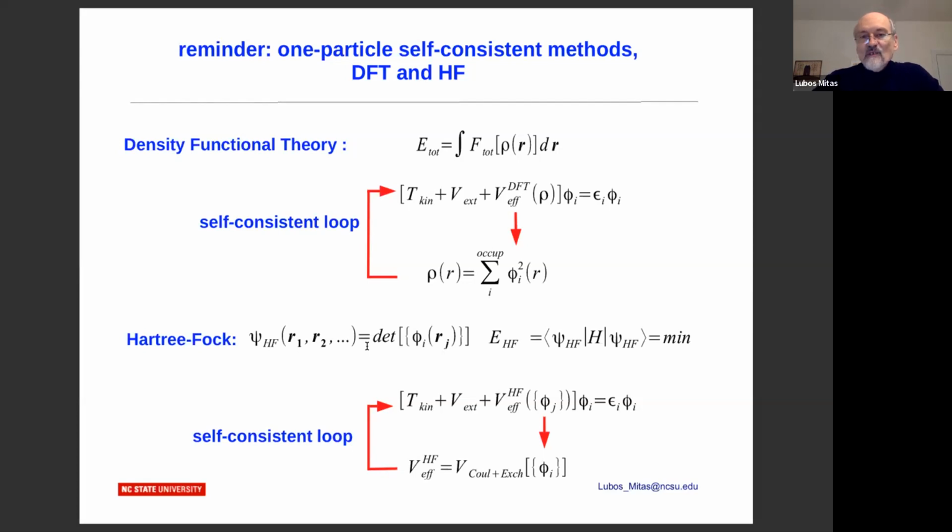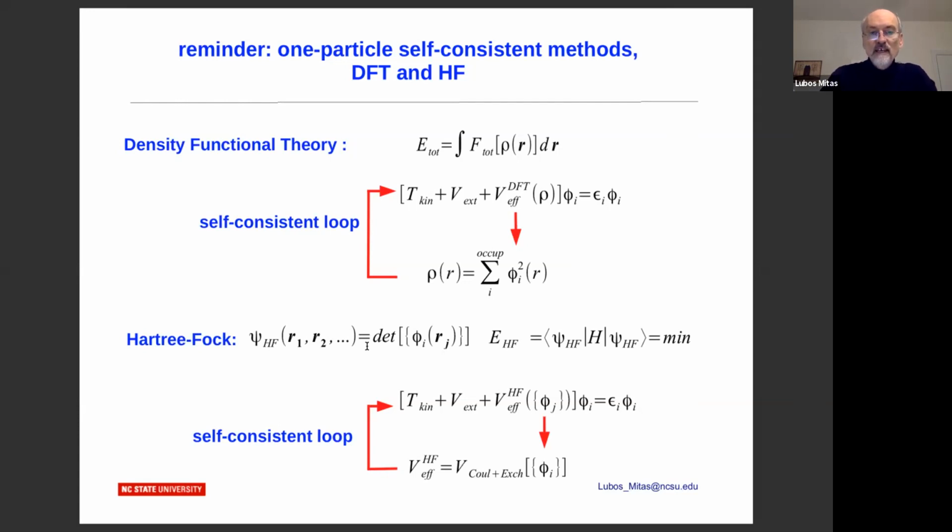And the construction requires a one particle effective potential, which is constructed in DFT as a complicated function of the one particle density. And there is a self-consistent loop. You get the orbitals from there, you calculate the density, feed it into the effective potential, and so on until you reach self-consistency.